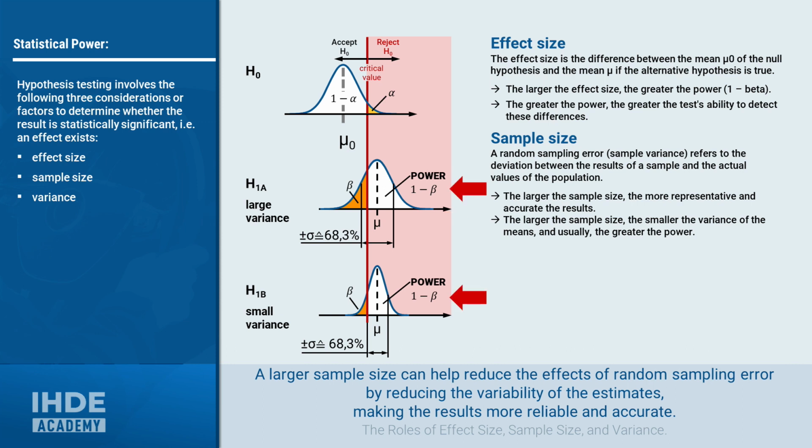Again, this has an impact on statistical power. With the same parameters, the area 1 minus beta is larger with a small variance, thus the power is again larger. So, the larger the sample size, the smaller the variance of the means, and the greater usually the power.